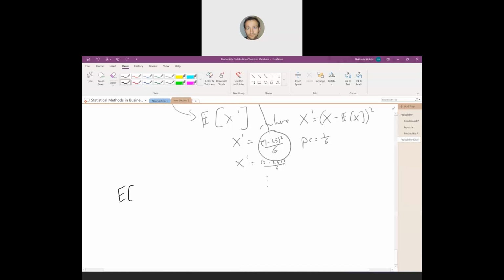So if the expected value of x for the die is 3.5, and the variance of x is about 2.91, and x can equal 1 or 2 or up to 6, can you tell anything about what the variance is saying about the random variable?